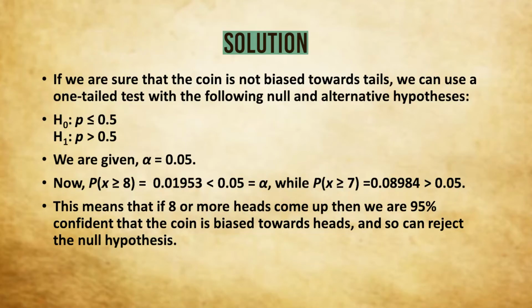So that means minimum how many number of heads we should get to reject the null hypothesis? We should get at least 8 heads. This means that if 8 or more heads come up, then we are 95% confident, because we are testing at 5% level, that the coin is biased towards heads. And so we can reject the null hypothesis.